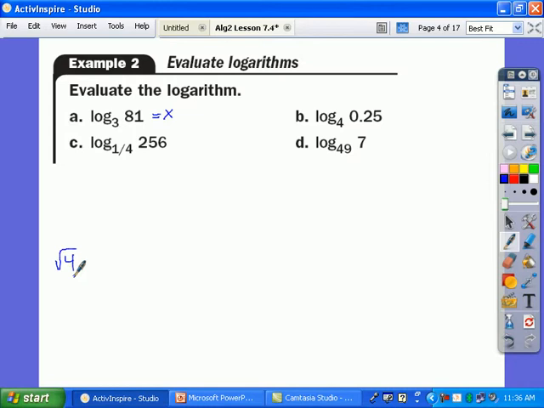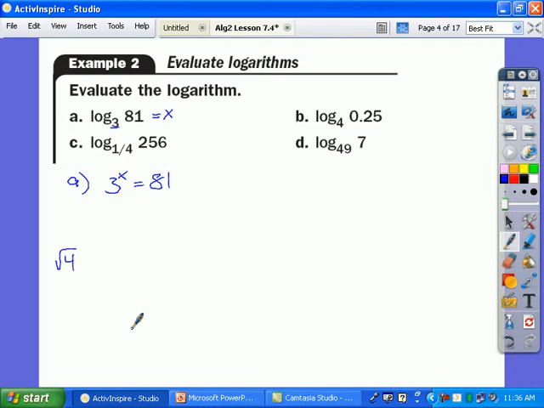The way we're going to start is by rewriting this as an exponent. So it's going to be 3 to the x power equals 81. Now I'm going to try to identify what value x has to be. Could x be 1? No, 3 to the first power is 3. Could x be 2? No, 3 squared is 9. Could x be 3? No, 3 cubed is 27.